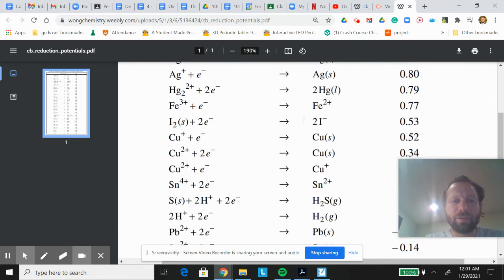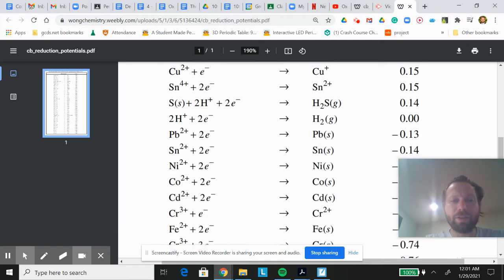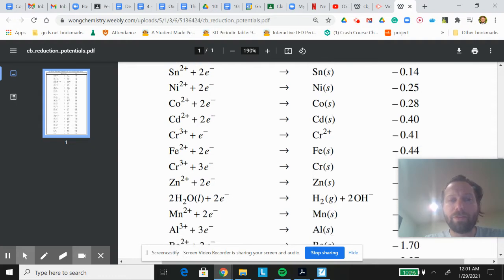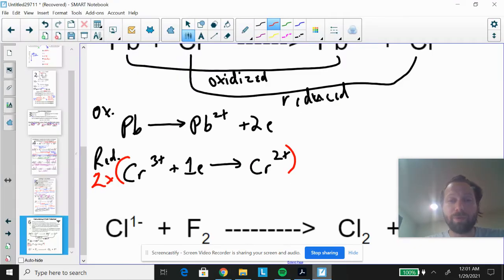Looking. Ah, there it is. You see that Cr3+ plus 1e- yields Cr2+, and the reduction potential is negative 0.41. We'll write that over here, negative 0.41.